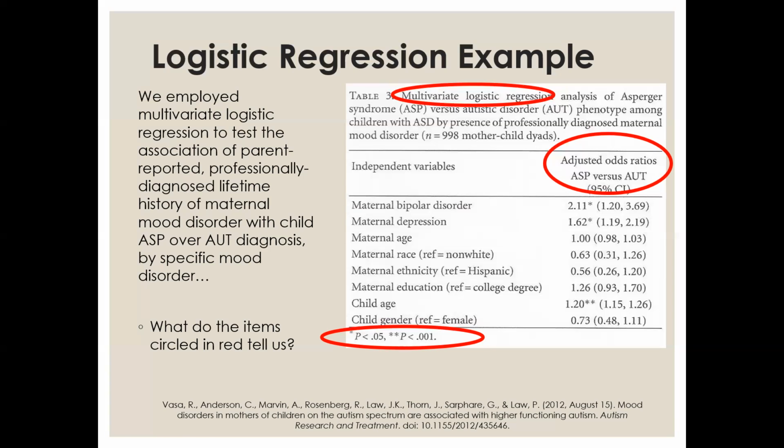So they're looking at if the mother has had these conditions, what's the odds? Is the odds of getting autism spectrum higher with higher functioning autism? And this is, I guess, autism.